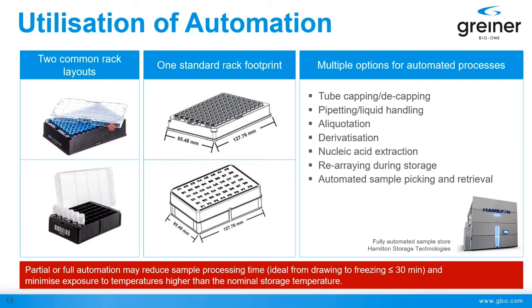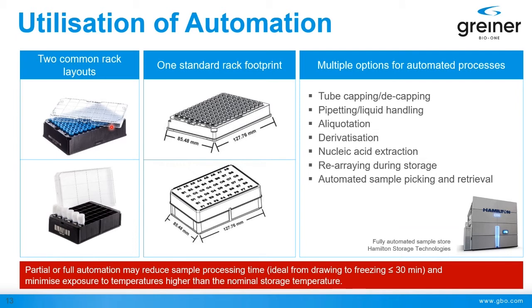And if you decide to use these standard racks, you are definitely prepared for a whole range of automated processes you can carry out because, and this is of course not a secret, the automation partners have the equipment for these steps.